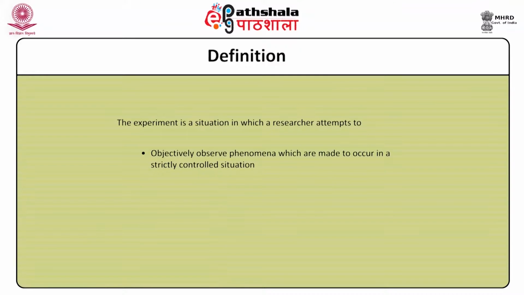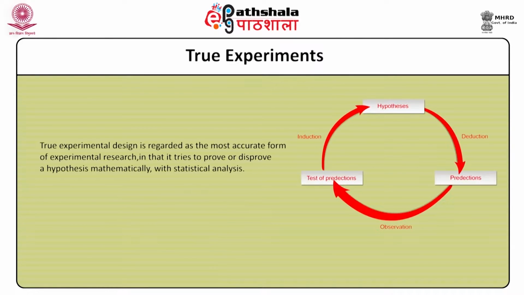The experimenter tries to vary one or more variables and hold the others constant. Looking at it from a different perspective, a true experimental design is regarded as the most accurate form of experimental research in that it tries to prove or disprove a hypothesis mathematically with statistical analysis.